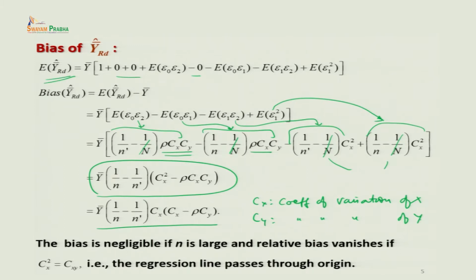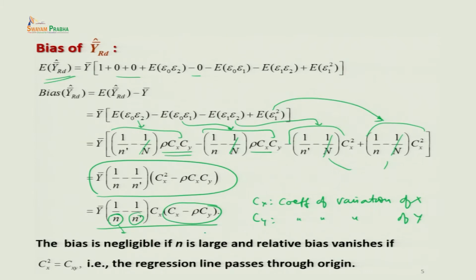Obviously, now you can see that small n and small n prime appear here, and if your small n is large, then the bias becomes very small, and it vanishes if this term is equal to 0.